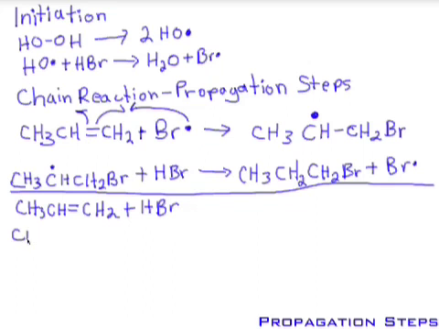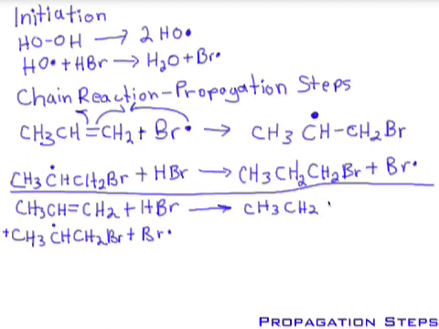We have a radical. And we have the Br dot from up there. That, all here we've got, gives us CH3, CH2, CH2, Br. We have plus the radical.